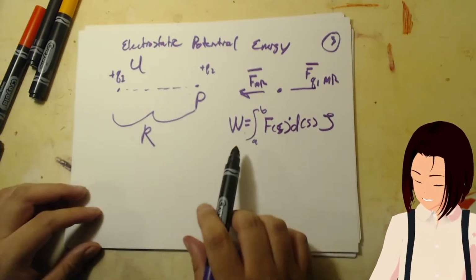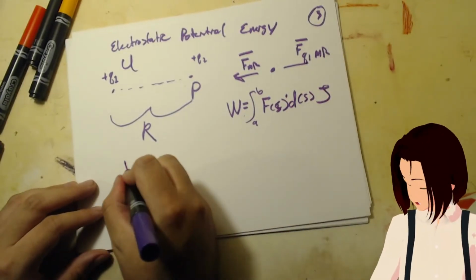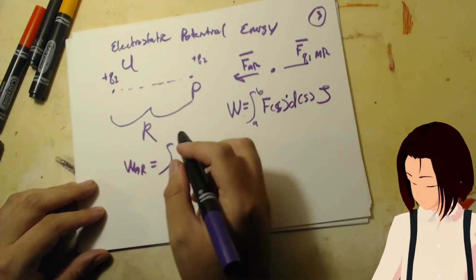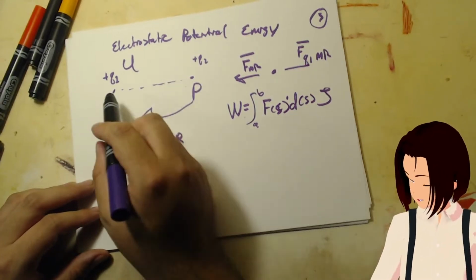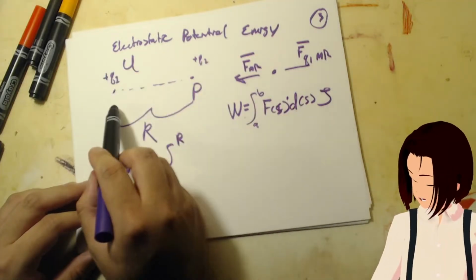So what's my work? The work of Merriweather from infinity to r, the distance r is right here, from here to here.